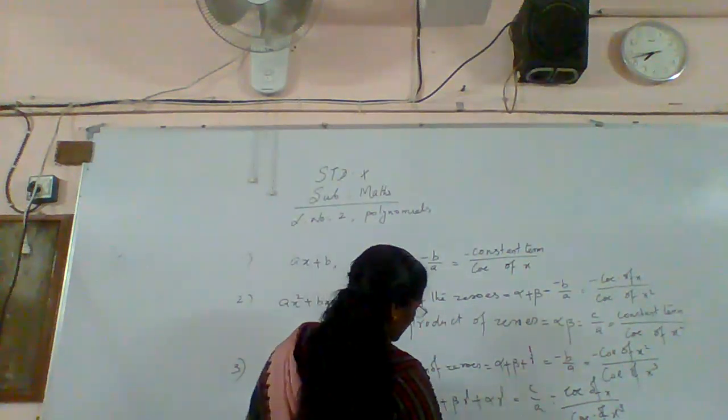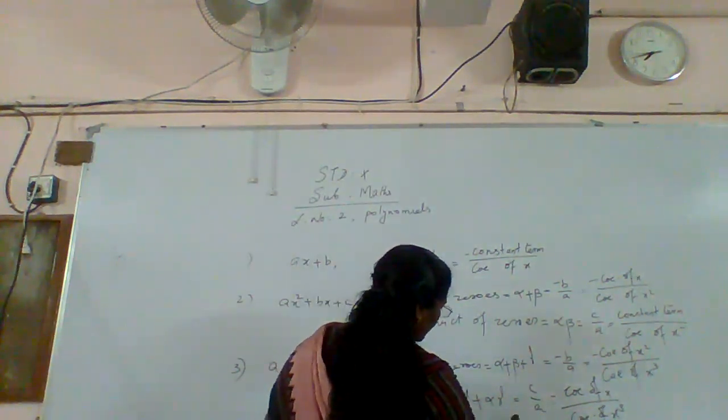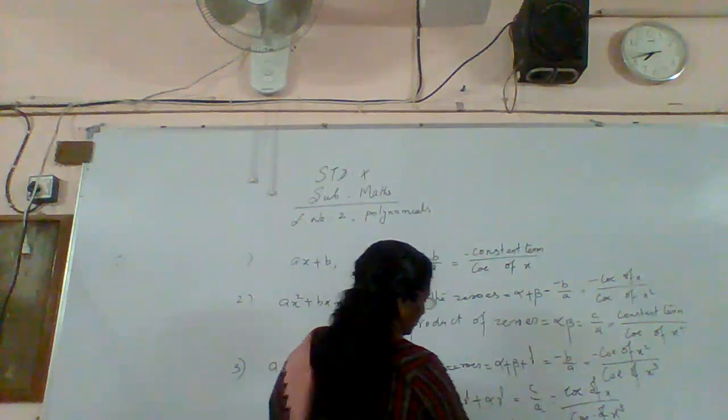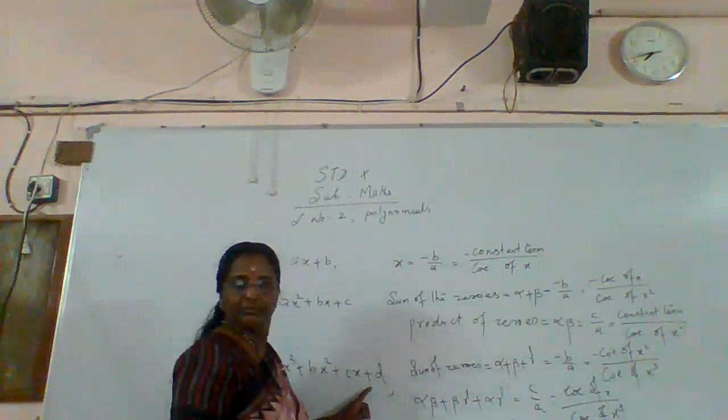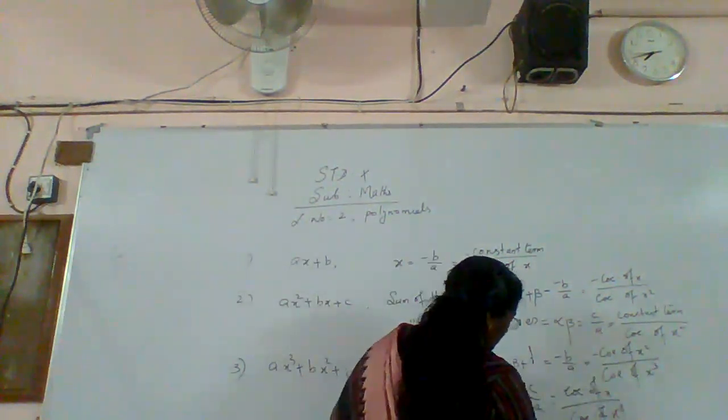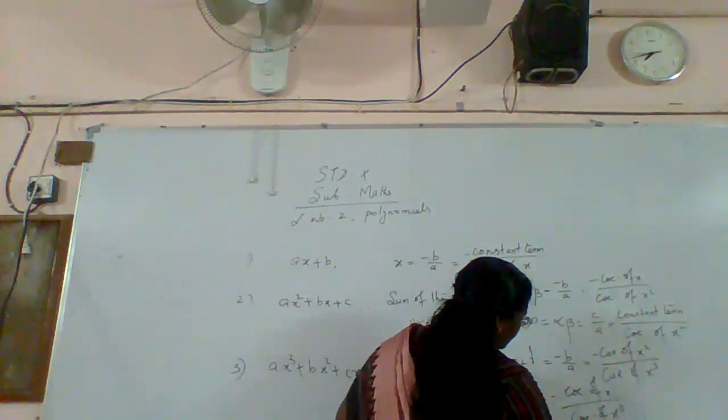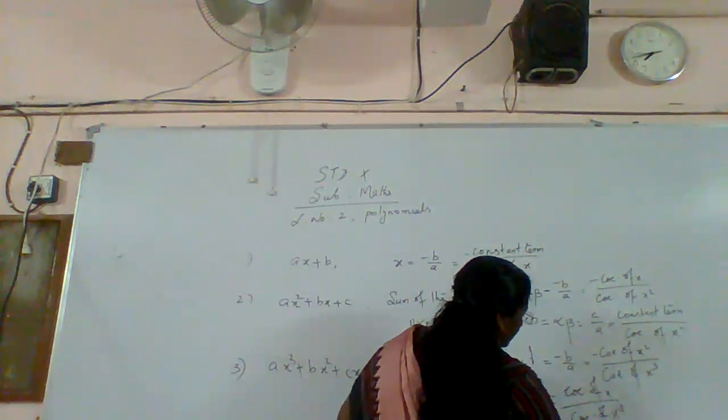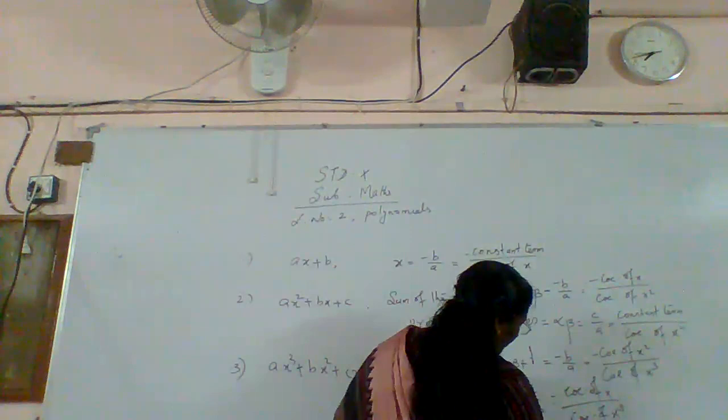Alpha beta gamma, the product of the zeros, is equal to minus d by a. That is, minus the constant term divided by the coefficient of x cube.